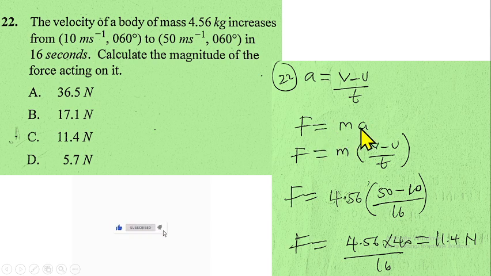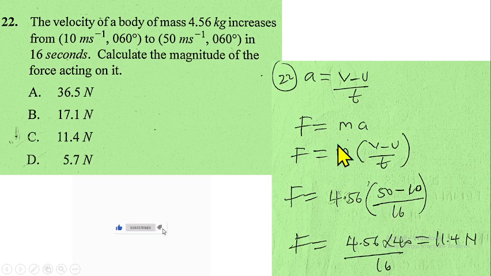So if you substitute this acceleration into this, you have F is equal to m times (v minus u) over t. We know the final velocity is 50, and we know the initial velocity to be 10.